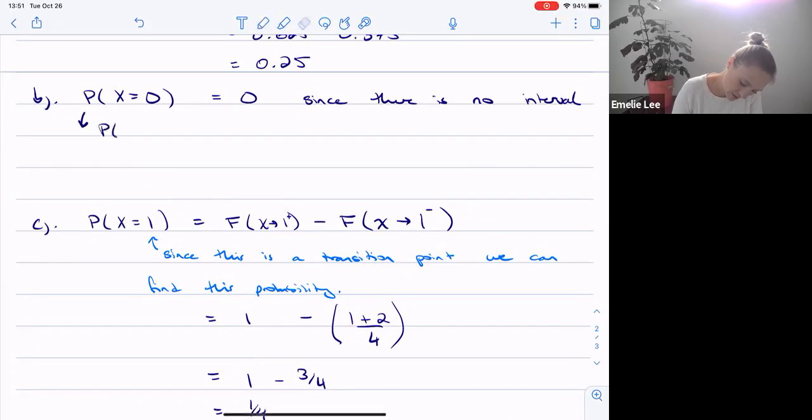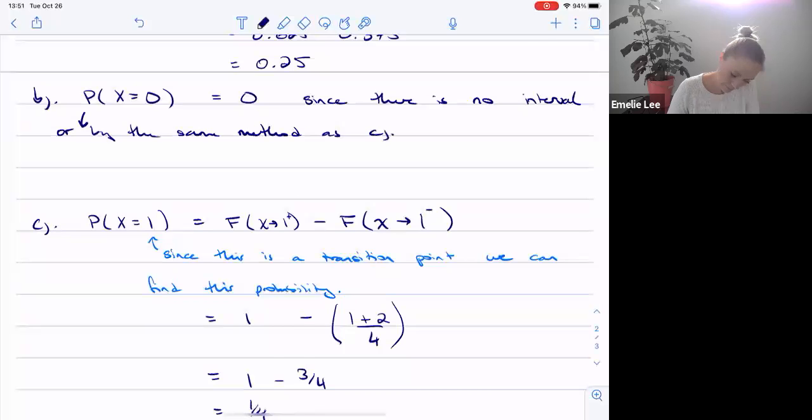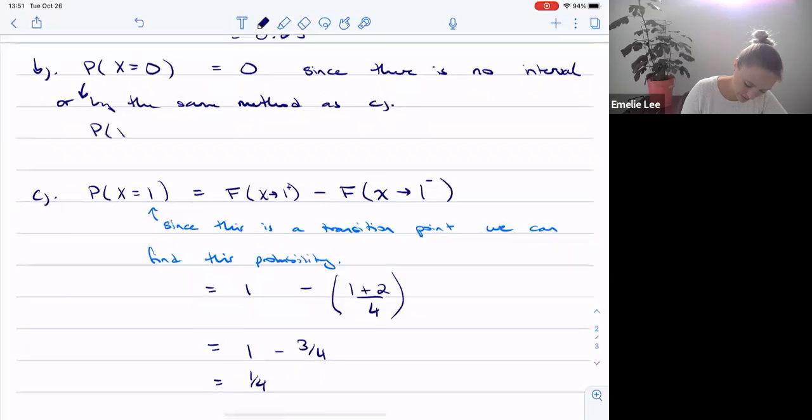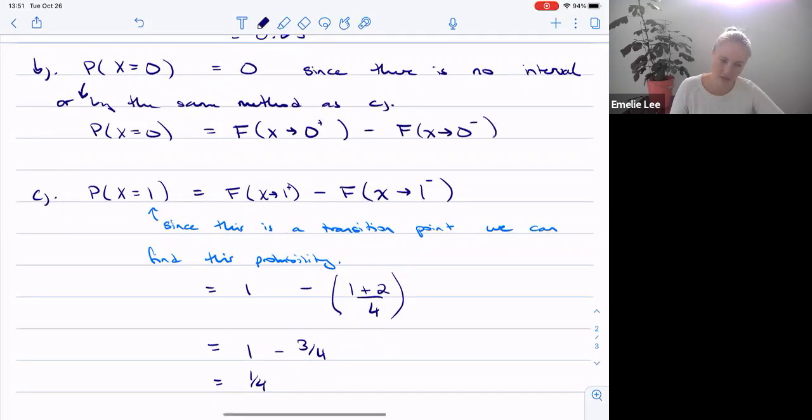So here, by the same method as before, the probability that x equals 0 we can think of as the CDF as x goes to 0 from the right, minus the CDF as x goes to 0 from the left.